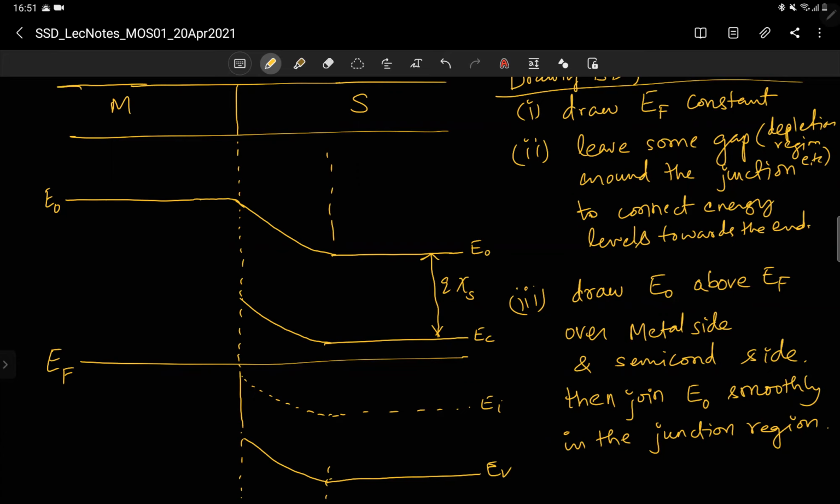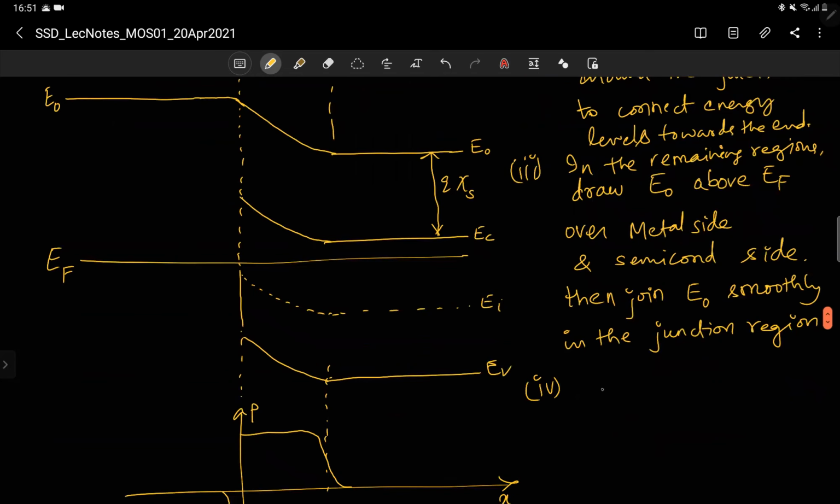So now in the remaining region, draw E0 above EF over the metal side and then join E0 smoothly in the junction region.